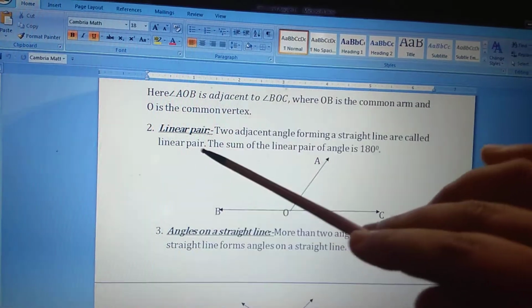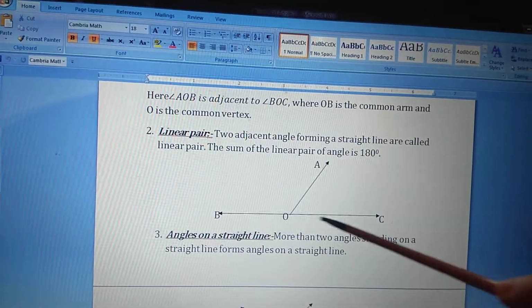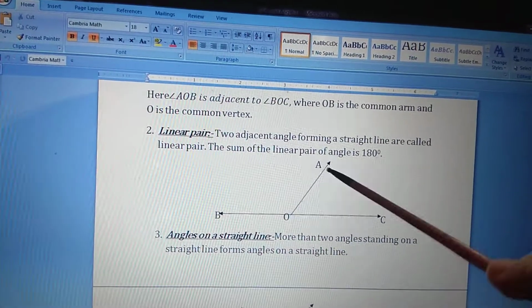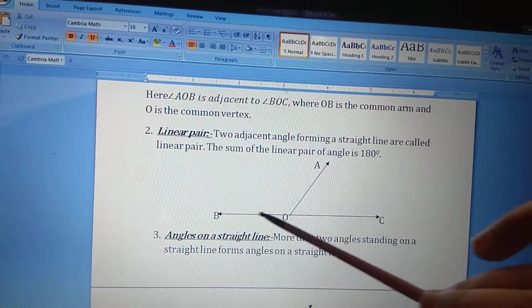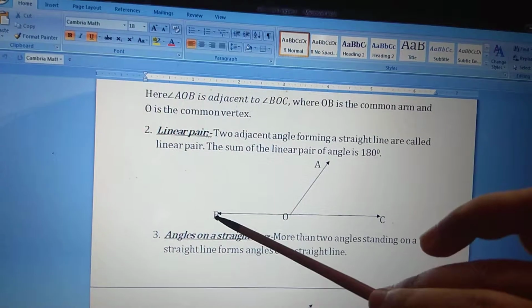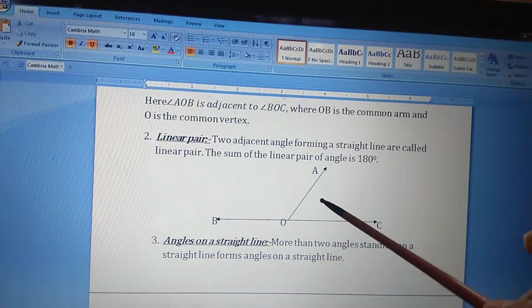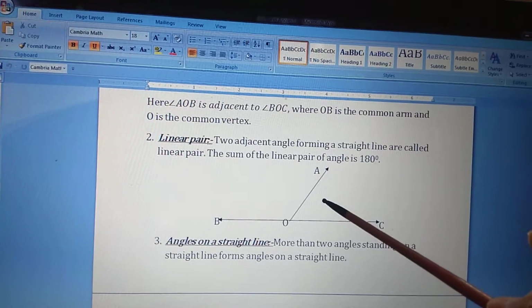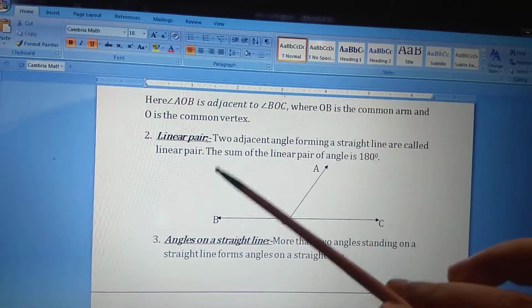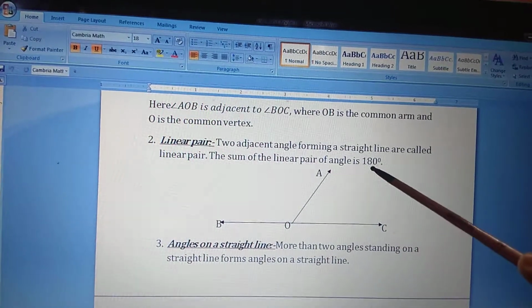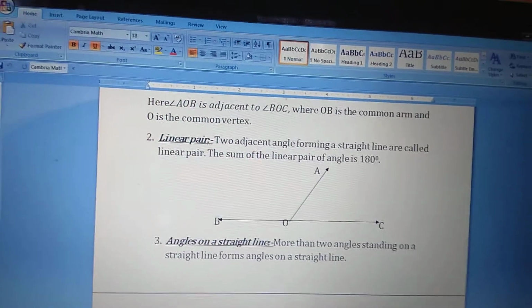You can see in the figure, these are two adjacent angles AOB and BOC, and they are forming a straight line BOC. So these two angles are called a linear pair. And one more important point about a linear pair is that the sum of a linear pair of angles is 180 degrees.